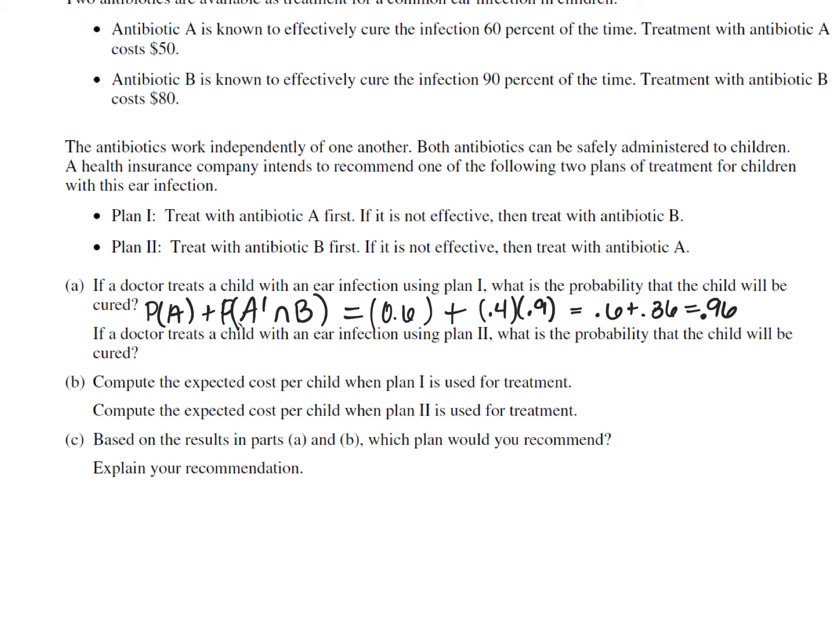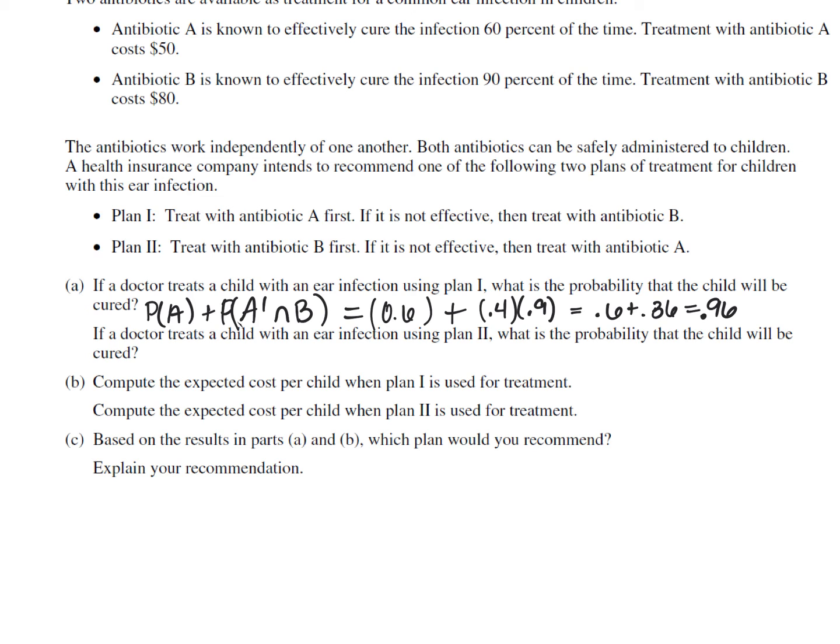What's the probability that they are not cured of their ear infection? 4%, right? That comes into play later when we talk about the expected value and making the probability model. Okay? So given this information, can you calculate the probability that Plan 2 worked? Yes.